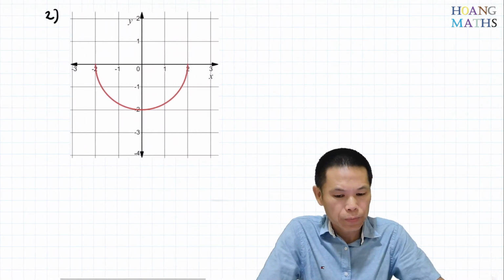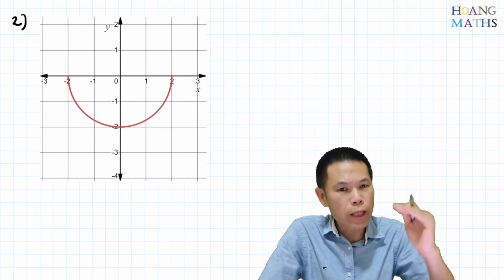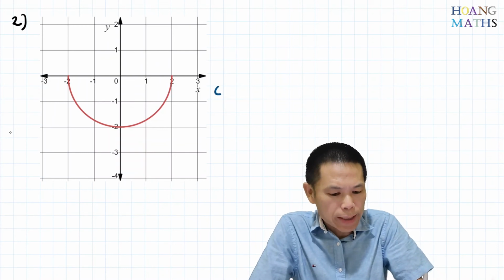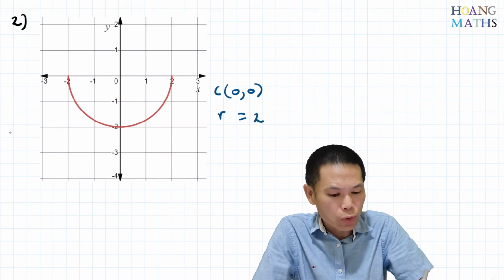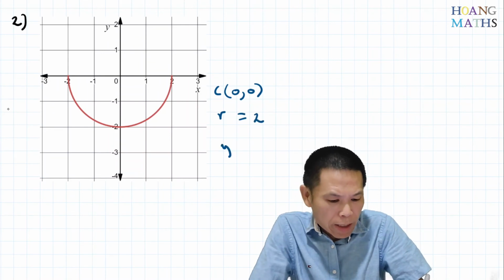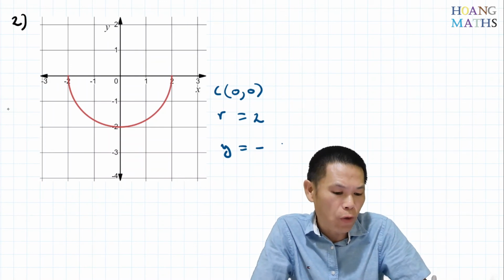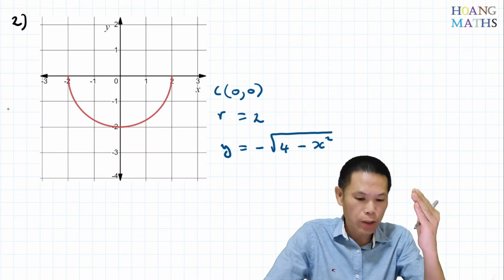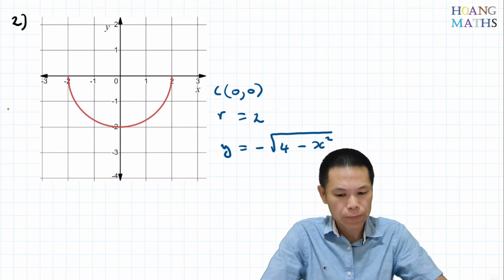Second one. So we know this is below the x-axis. So therefore, the equation must be negative. We know that the center is 0, 0. And the radius is 2. So therefore, y is equal to negative the square root of r squared, which is 2 squared, which is 4, minus x squared. There you go. So this is a semicircle that is below the x-axis.